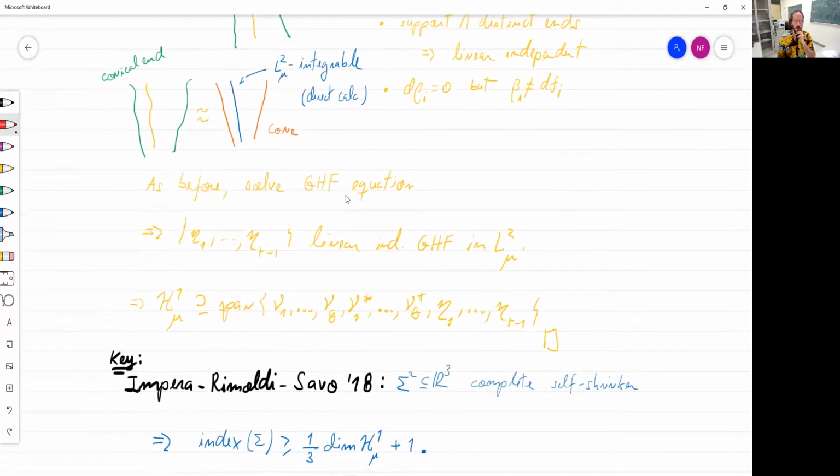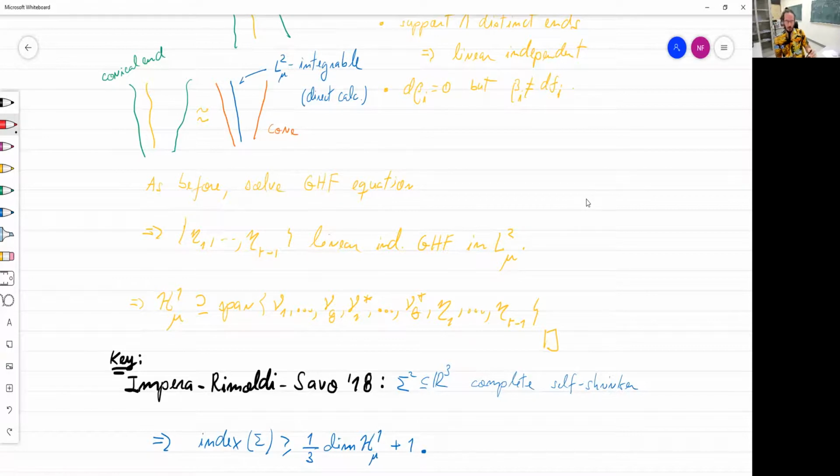And as before, you have a certain number of linearly independent Gaussian harmonic forms.